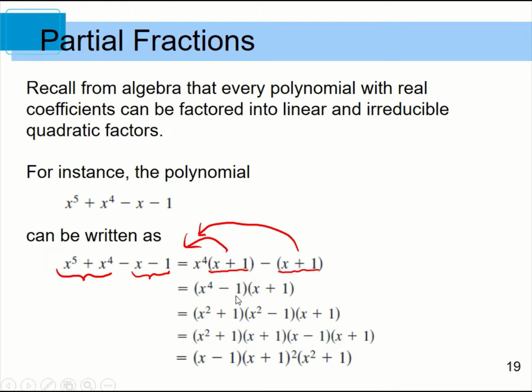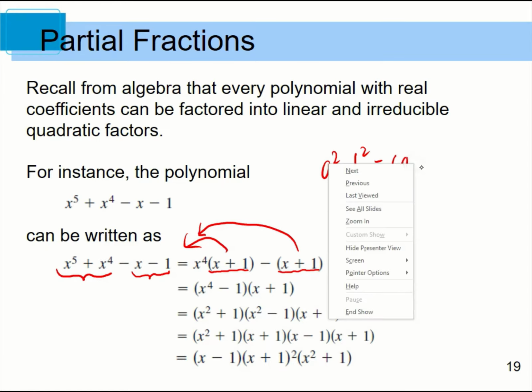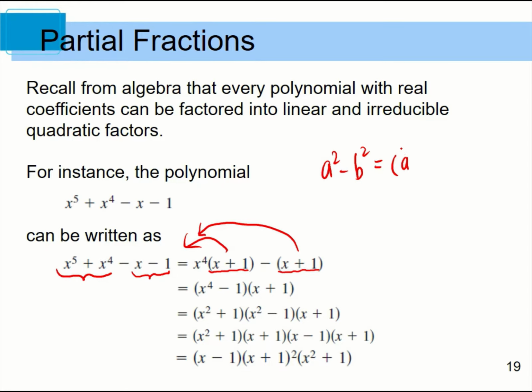Now, consider this one. If you remember, we have a formula x squared minus y squared, or a squared minus b squared. When we have something like this, we can factorize it into a plus b and a minus b.